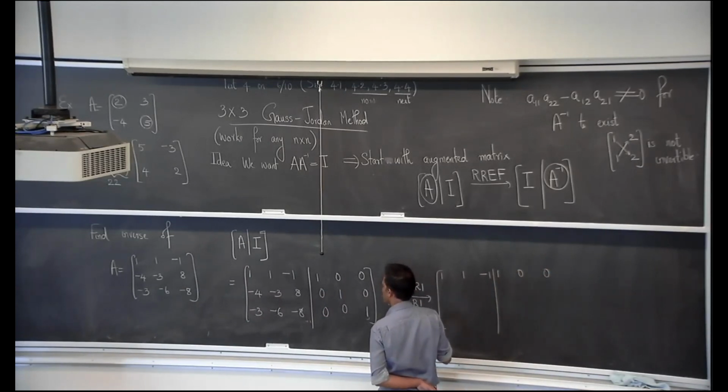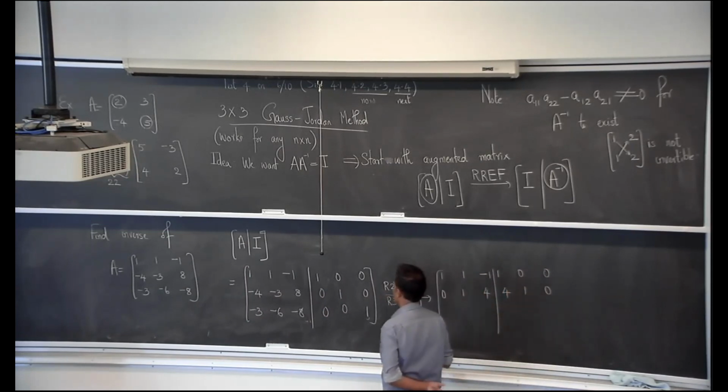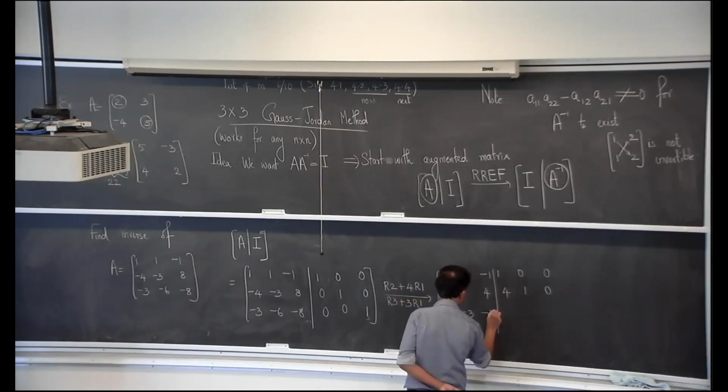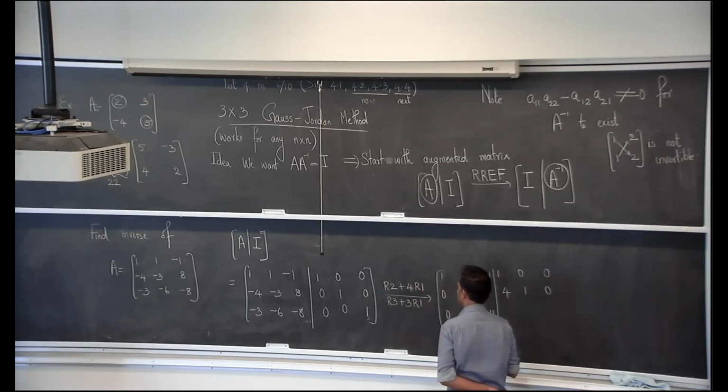R2 plus 4 R1, that's 0, 1, 4, 4, 1, 0. And R3 plus 3 R1 is 0, negative 3, negative 11, 3, 0, 1.